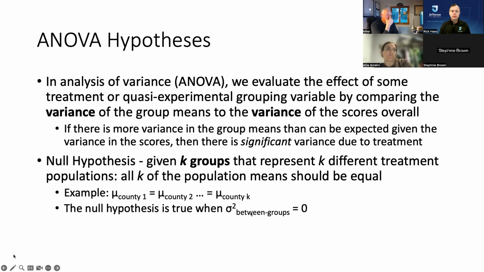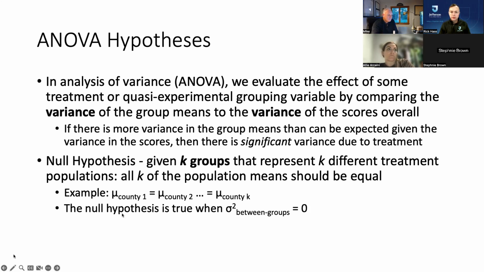This null hypothesis is true when sigma squared, our symbol for population variance, is zero. Remember, variance is just spread. How far spread out are the numbers that we have? Do they all fall really far away from each other on the scale, or are they all bunched up together? So this null hypothesis is true when there is literally no variance. All of the group means are exactly the same.